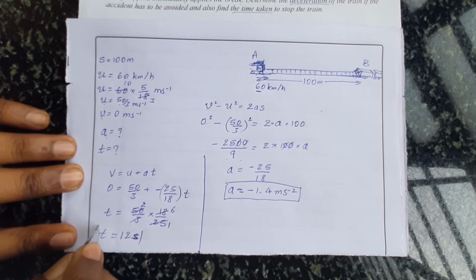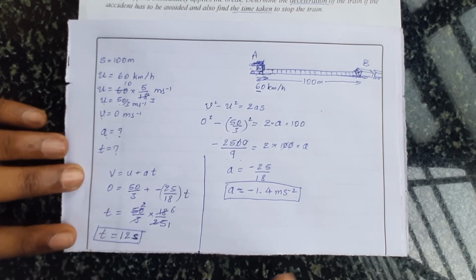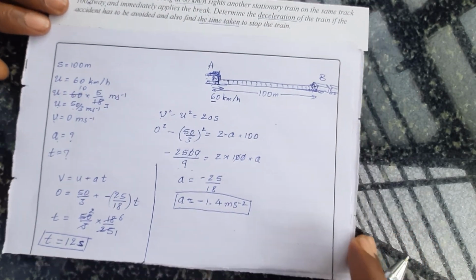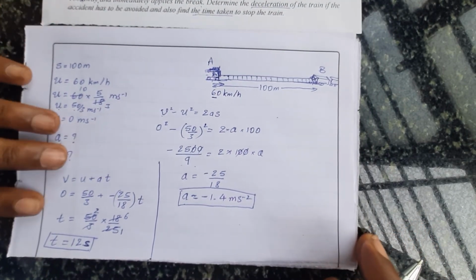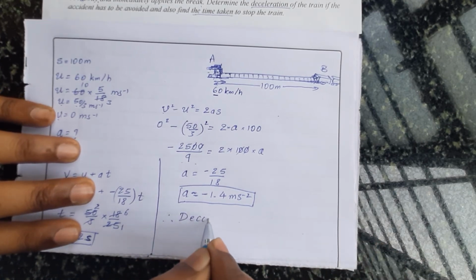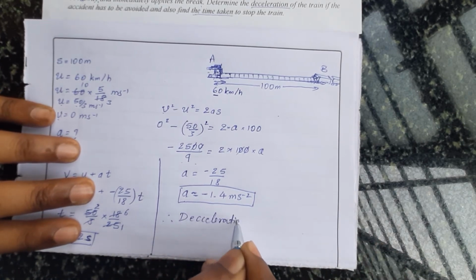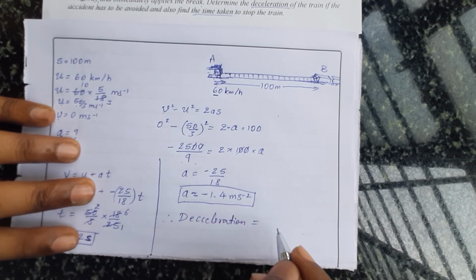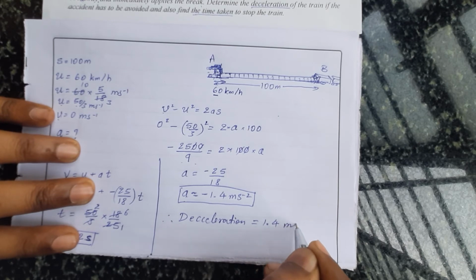Okay, 12 second is the time taken, and the final answer shall be written properly in the sentence form as follows. Therefore, deceleration of the train should be equal to, remove the minus sign and write 1.5 meter per second square.